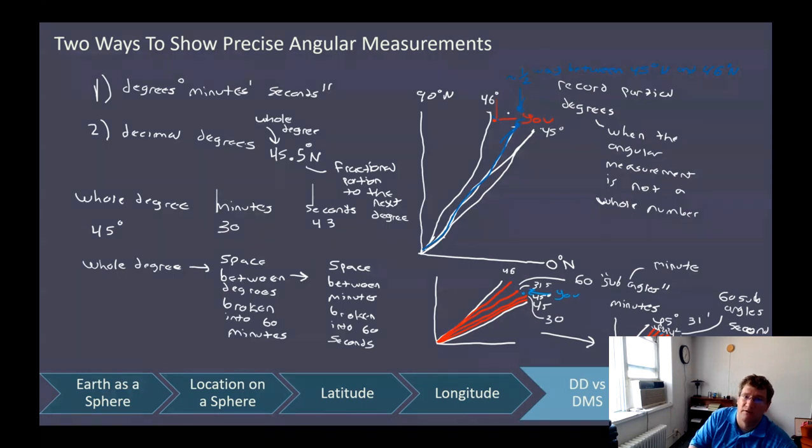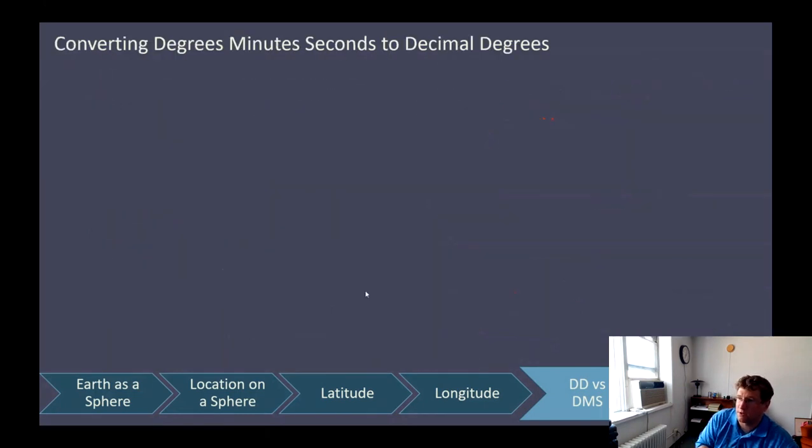When we have a portion of another degree, we can either represent it as the whole degree plus a decimal representation of the portion to the next, or we can write it as the whole degree plus the space broken down into 60 plus the space broken down into another 60. So if this doesn't make sense at first, that's okay. Pause the video, try to wrap your head around conceptually what's going on here. Another way that we can approach this is to think about it through the idea of conversions.